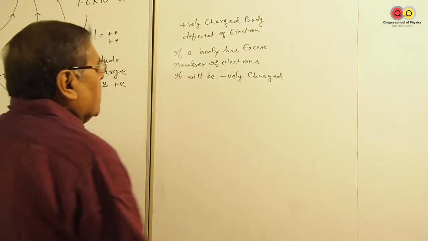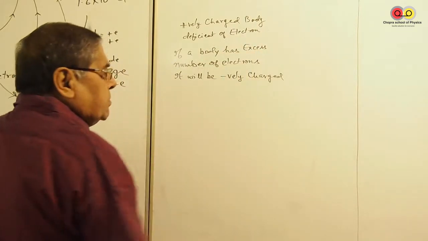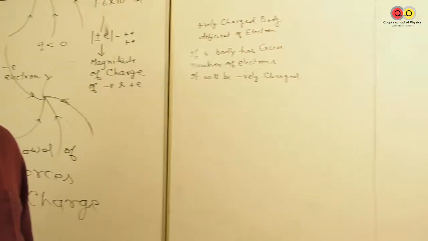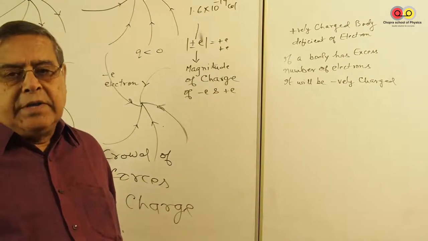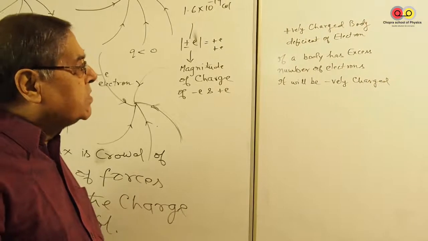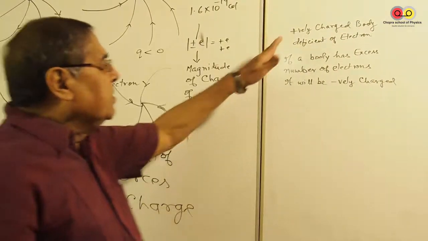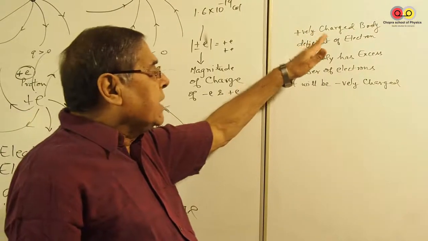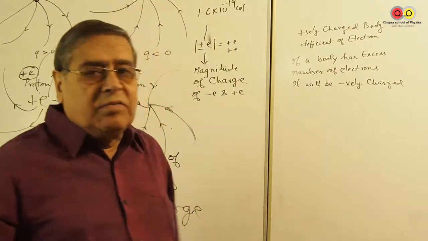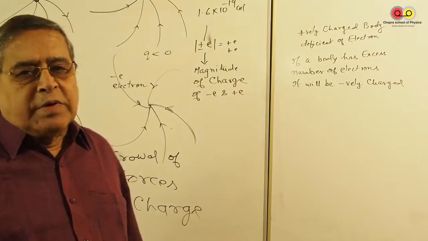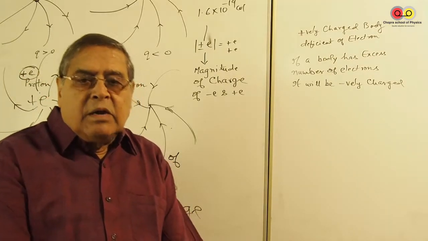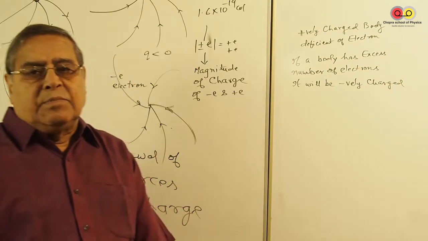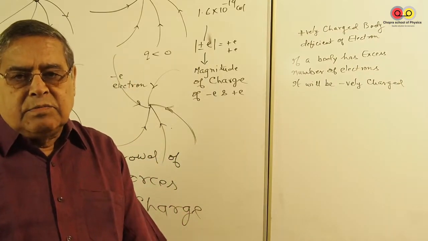If an electron is given out, it means some mass is also lost by the body. If mass is lost by the body, it means that mass decreases. So positively charged bodies have mass, but their mass is slightly less as compared to negatively charged bodies. So what is the point to remember now? Positively charged bodies have less mass as compared to negatively charged bodies.